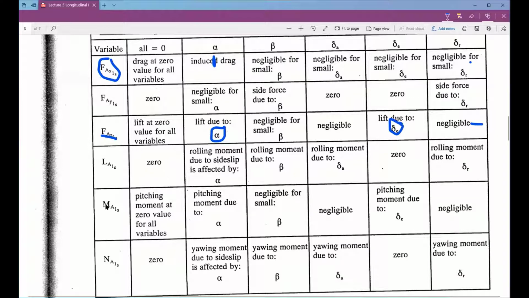And the pitching moment is going to depend upon the angle of attack, but not beta. Ailerons, nope. Yes, definitely elevator, because an elevator generates a pitching moment. Rudder, not so much. And so those are the longitudinal forces and moments, because we say those depend upon alpha and elevator.